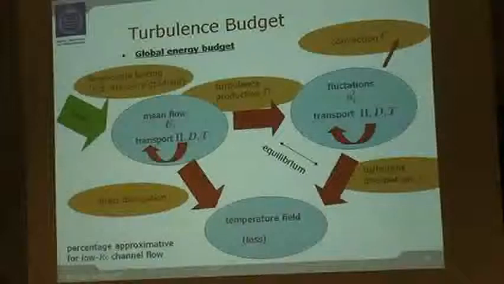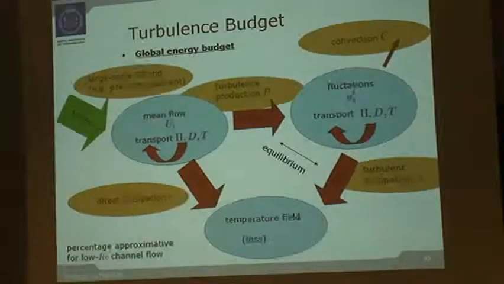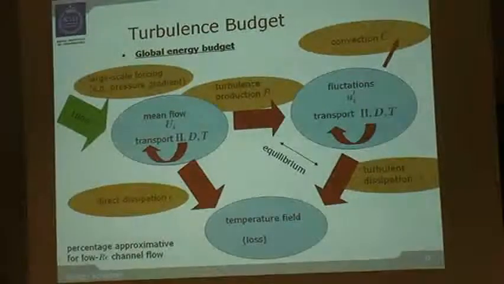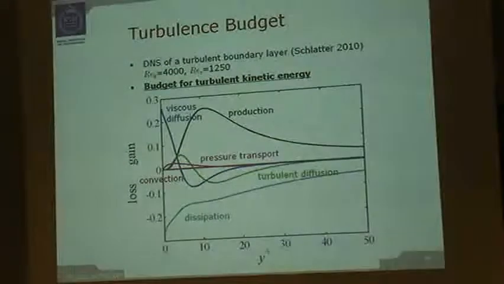We have viscous transport and we have turbulent transport. And it's exactly this part, this circle, that we want to look at in a little bit more detail now for turbulent flow close to a wall.